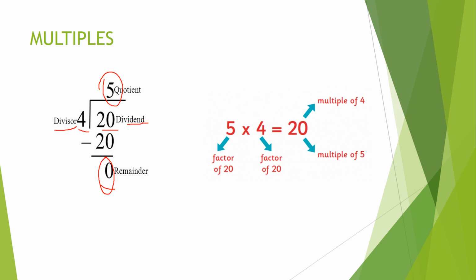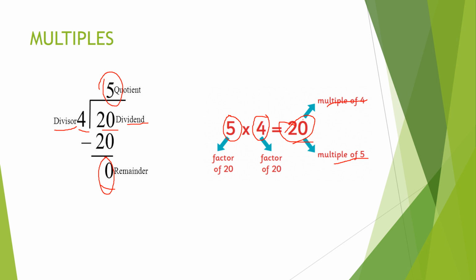If I have to write in this form, 5 into 4 is equal to 20, as we had done in the previous class about the factors, 5 and 4 are both the factors of 20. And now, with the example we have just done, we can say that 20 is a multiple of 4 as well as a multiple of 5.